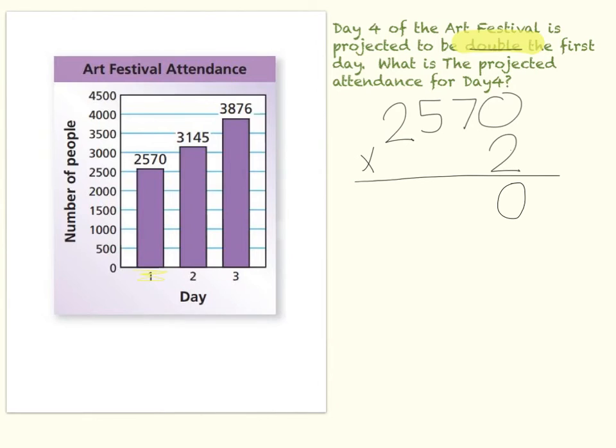Then we multiply 2 times 7 and we get 14. So I'm going to write my 4 down here and carry my 1. 2 times 5 is 10. And I add my 1 and get 11. And 2 times 2 is 4 plus 1 is 5. So my answer is 5,140 people.